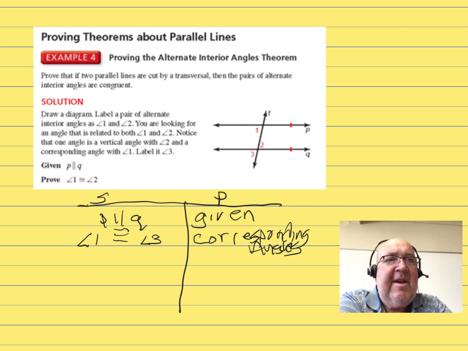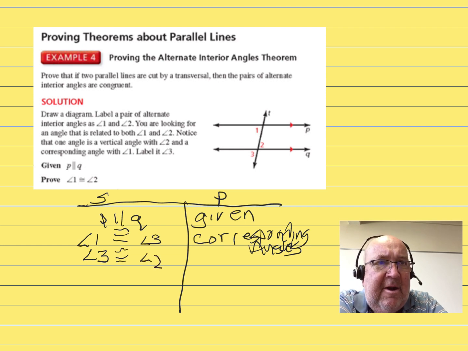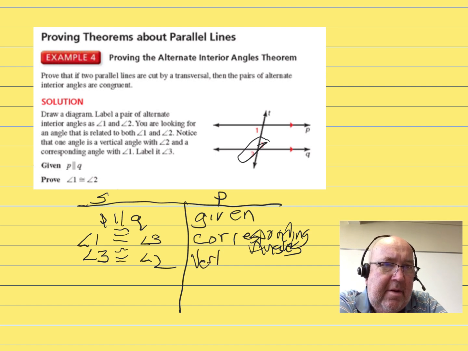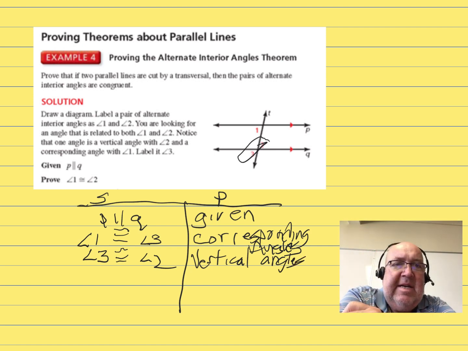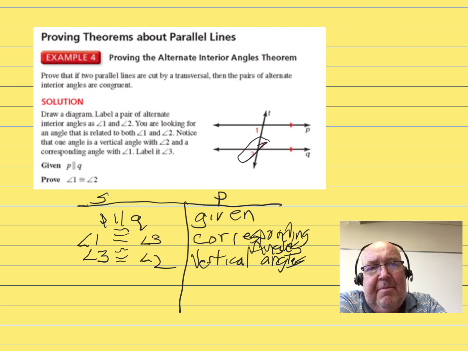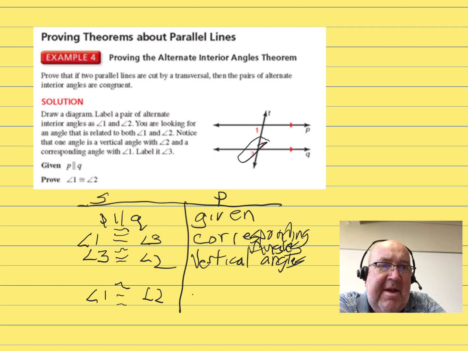Then we know that angle 3 is congruent to angle 2 because they are vertical angles. And then finally we can say that because 3 is in both of those statements, that angle 1 is congruent to angle 2, and that is using what is called the transitive property.